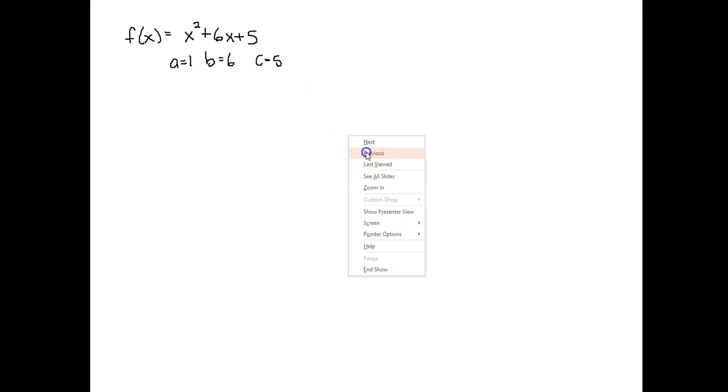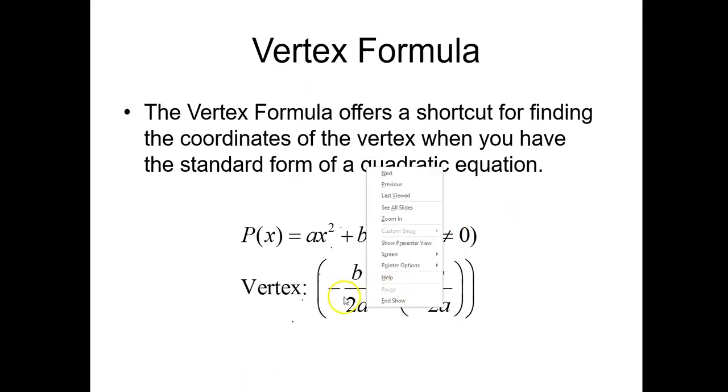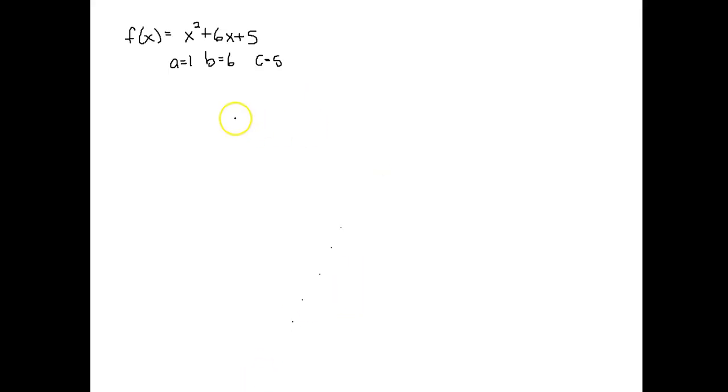Okay, so going back to our first function, f of x equals x squared plus 6x plus 5. That's in standard form. a is 1, b is 6, c is 5. Now remember the vertex formula said the x-coordinate is negative b over 2a.